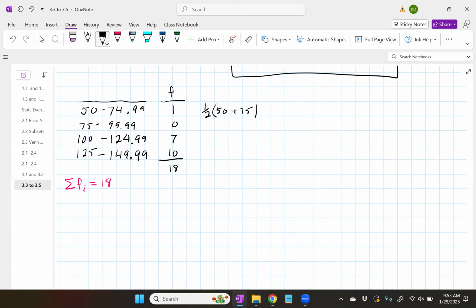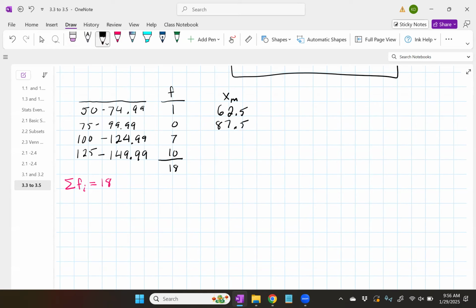I know I just did this, but I promptly forgot. So my first one, I get 62.5. I'm going to call this X midpoint. All right, and then 75 plus 100 over 2, 87.5.